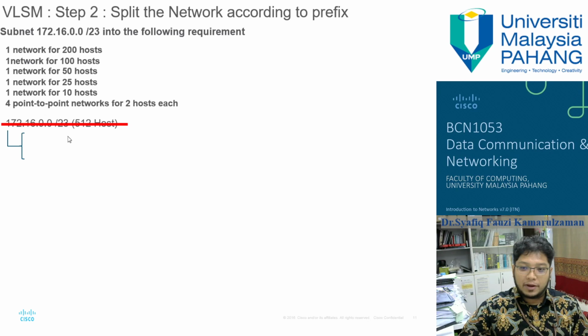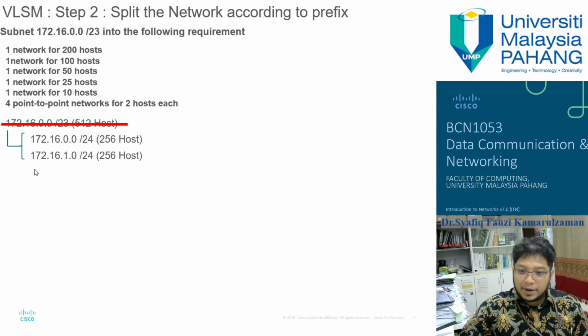When you increase the prefix by 1, you get 172.16.0.0/24 with 256 hosts, and you get another subnet, 172.16.1.0/24, with 256 hosts. This one you split into 2 by increasing the prefix. Starting with this value plus 256, you get 1 here, because 256 divided by 256 is 1, and when you add 1 here, you get 172.16.1.0.